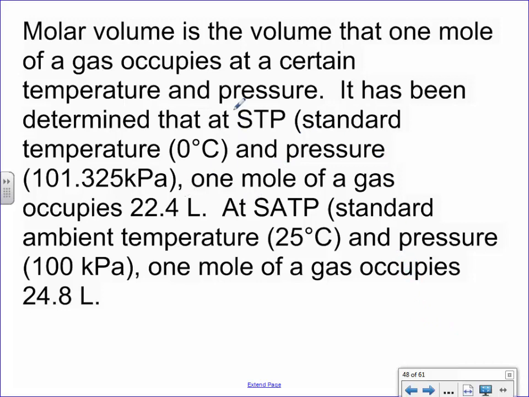What he discovered is that at STP, if you had 1 mole of gas, it was 22.4 liters. It didn't matter what gas it was, but every single gas at these conditions took up 22.4 liters. So we often read it like this: there are 22.4 liters in 1 mole at STP.